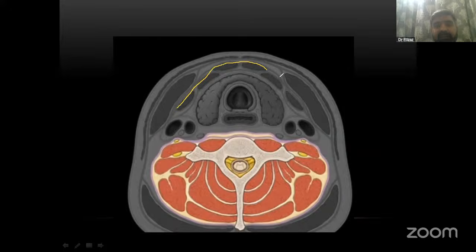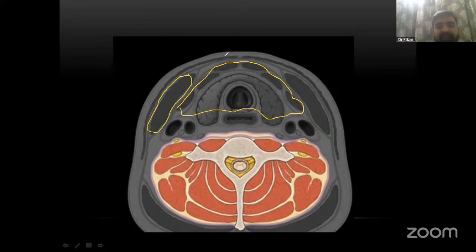Look at here. These are the muscles that are pretracheal muscles. 1, 2, 3, lateral. And this is the sternocleidomastoid muscle. Look at here. This one, large.